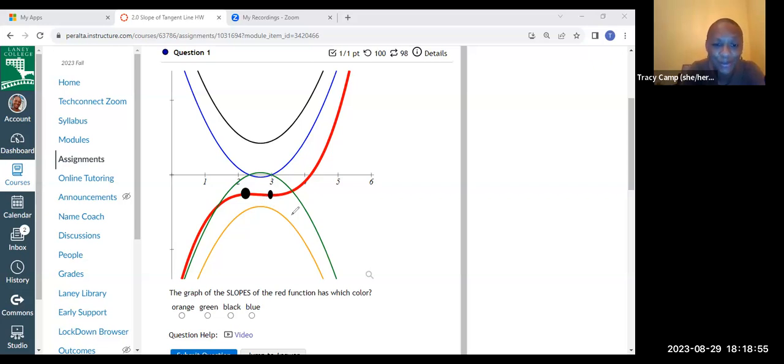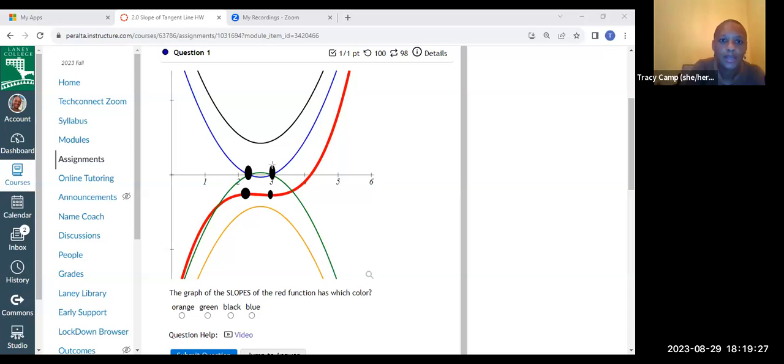The reason I'm looking for it going down is that there are these two points right here where the possible derivative curves cross the x-axis. And it does sort of look like between those two points, the red curve is going down slightly.